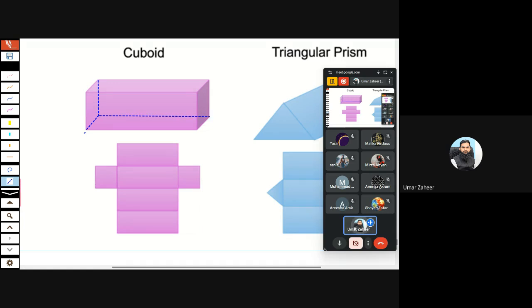I think this is the good one. Okay, so this is our cuboid, and we have to find the total surface area.